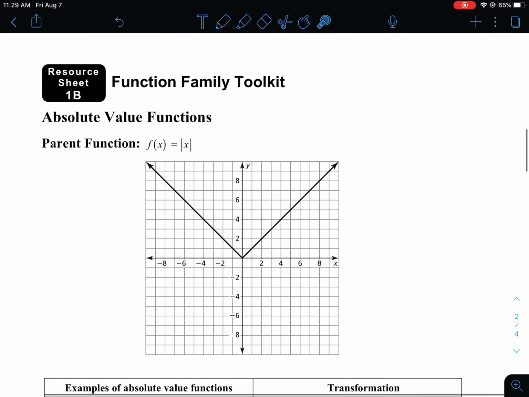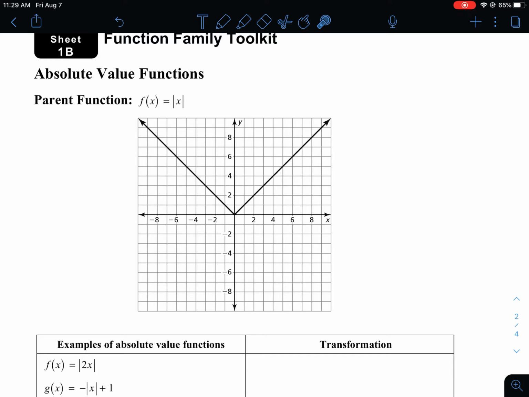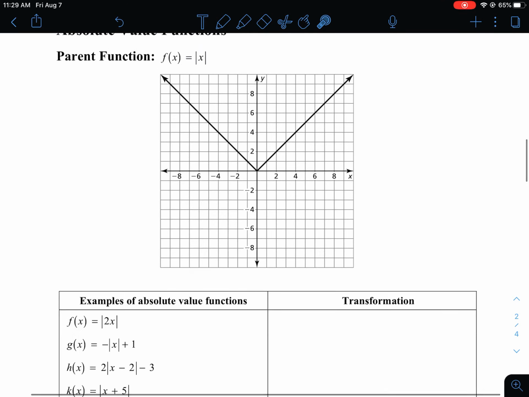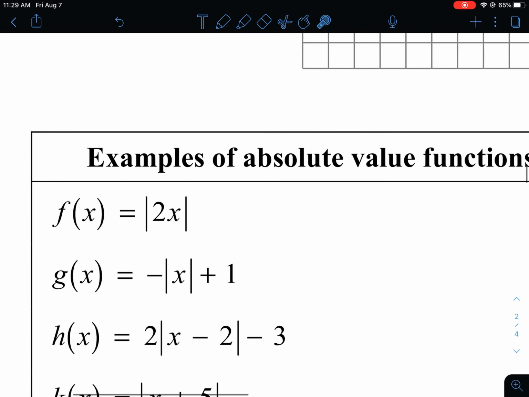And then you can put the graph in your graphing calculator or into Desmos to verify that you got this right. So when we see this here, f of x is the absolute value of 2x. So what we have here is we've added a 2. We've added a 2 into this function. So what letter is that?